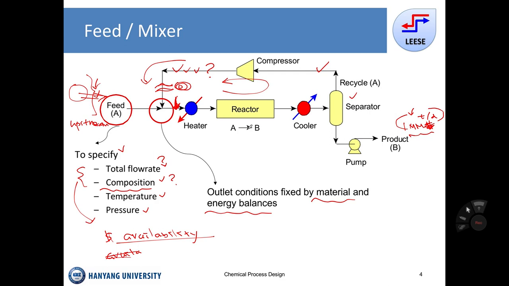If you don't want to do that iteration, then you set up the model for all the unit operations. You need to set up the model for the mixing junction.